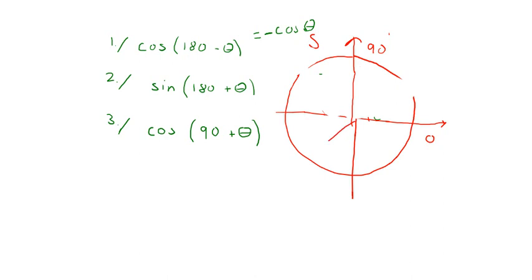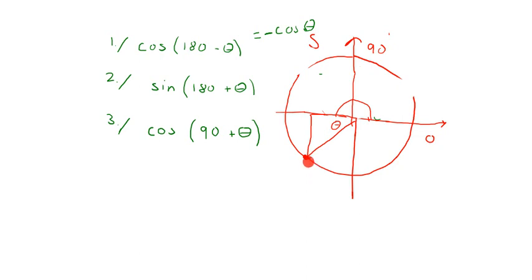This side and this side are the same distance, but one's positive and one's negative, so it's going to be negative sine theta. That equals negative sine of theta.